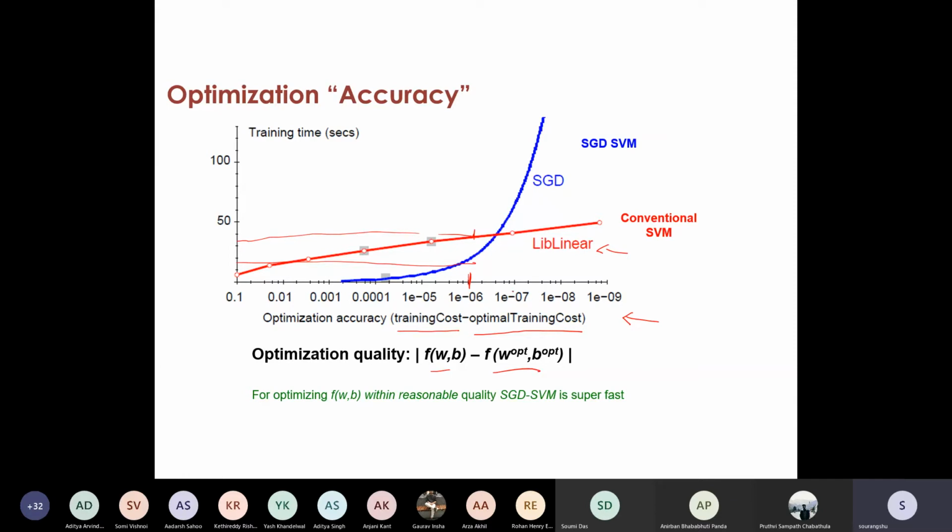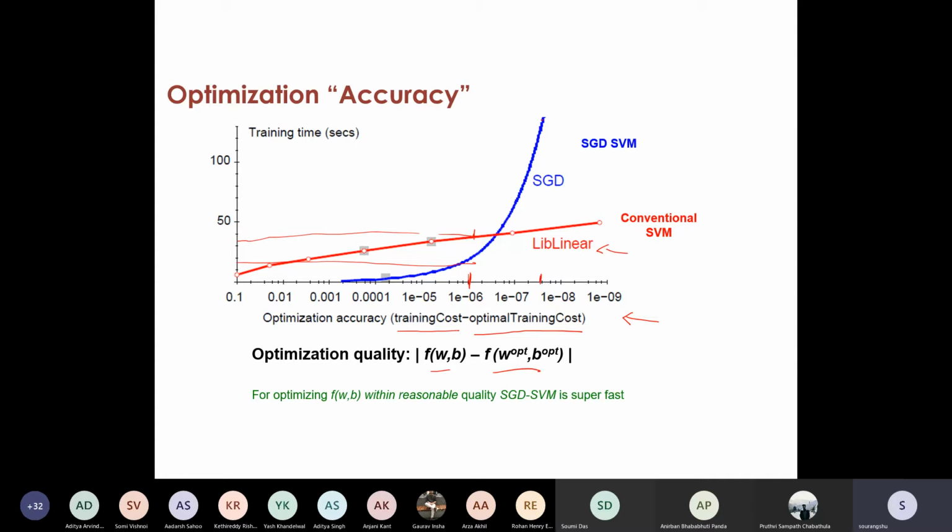But if you want a very accurate solution, let's say 10 to the power minus 8 suboptimality, then the time taken by SGD is much larger. So if you want a highly accurate optimization, then SGD is not a good answer.